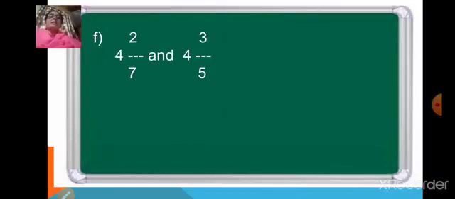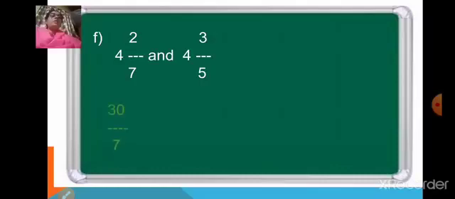Okay, now coming to the next sum, F sum. Now F is a mixed fraction here, where you have got a whole number and a fraction. So 4 2 upon 7 and 4 3 upon 5. So if you have a mixed number, the first thing you have to do is convert the mixed number into an improper fraction.